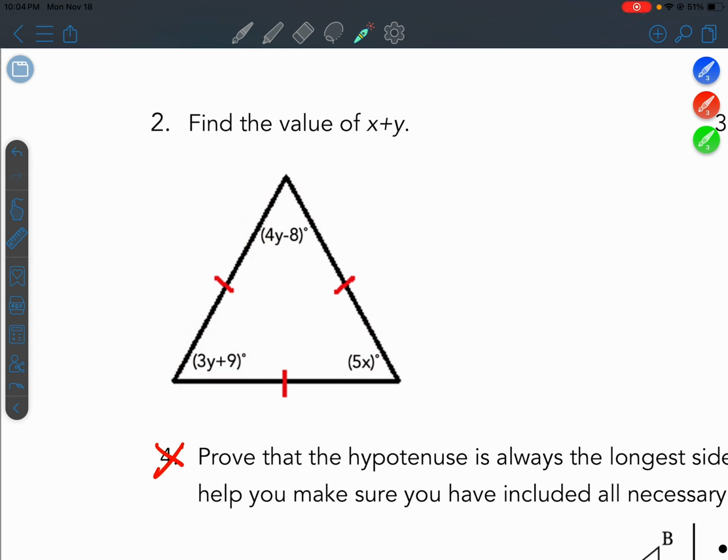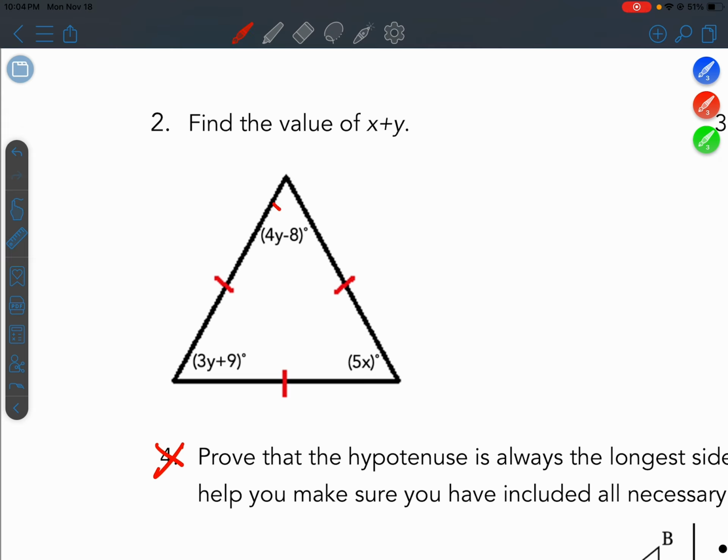Okay. So if I asked you, hey, which side is the biggest, you'd probably say none of them, right? They're all the same length. So nothing is the smallest side or the biggest side or the medium side. They're all the same. Okay. So if the sides are all the same, then the angles are not going to be big, small, or medium, but the angles are all going to be the same, right?